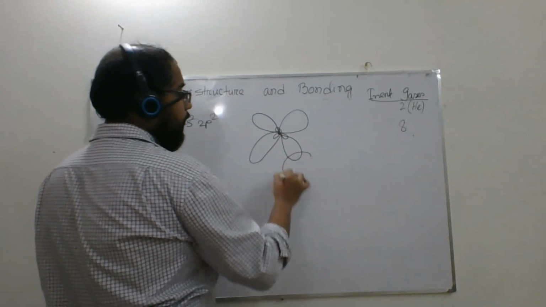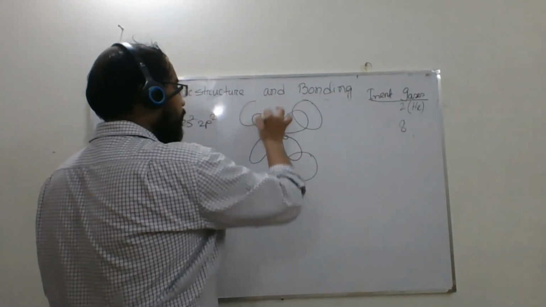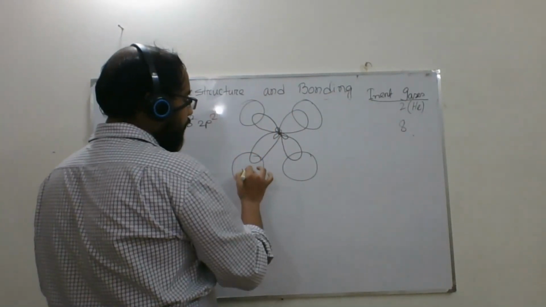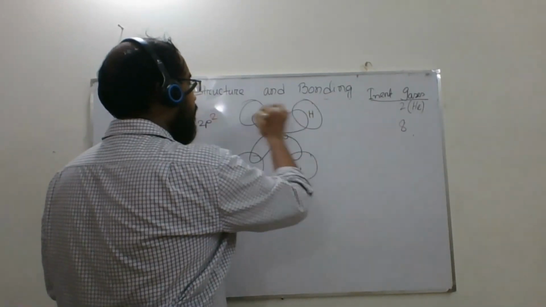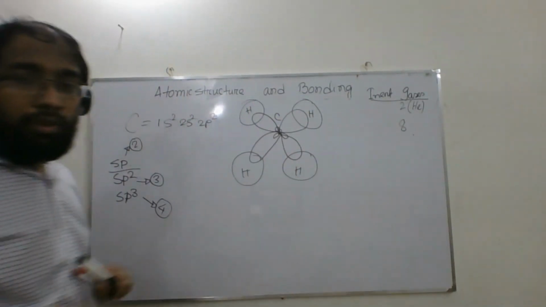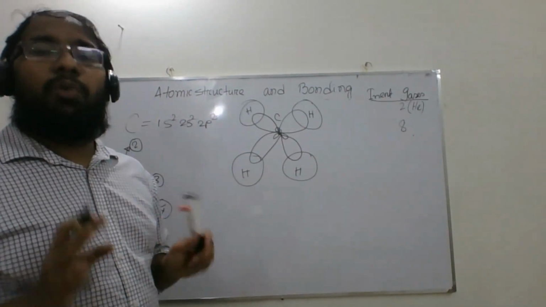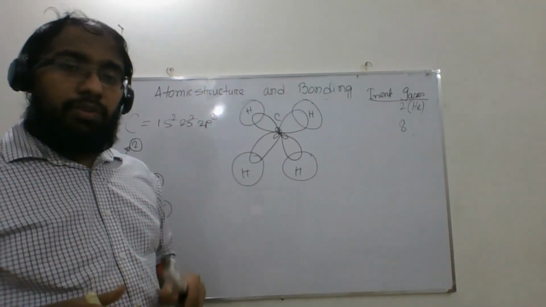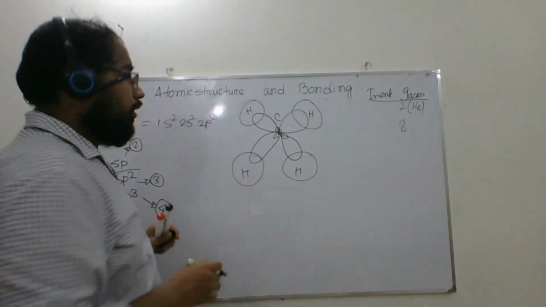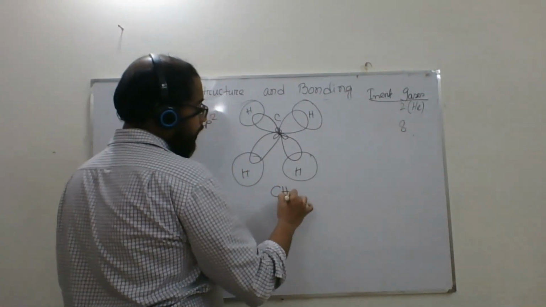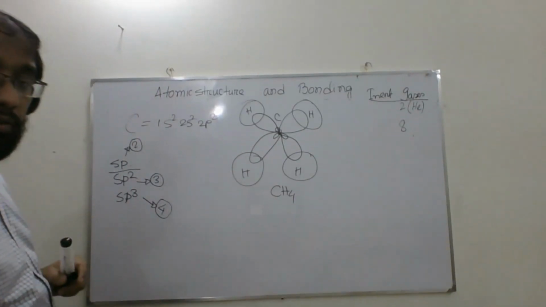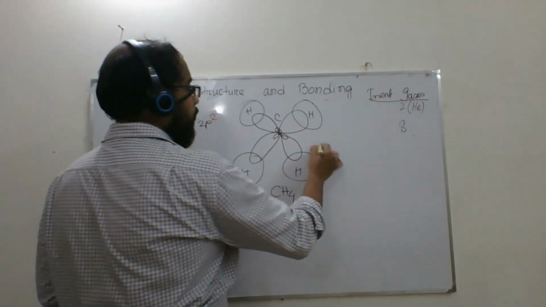Okay, and then these 4 combine with 4 hydrogen through the sigma bond. And another thing, just remember, hybridized orbitals only form the sigma bond. Hybridized orbitals only form the sigma bond. So this is CH4 methane, and all of them are sigma bonds.